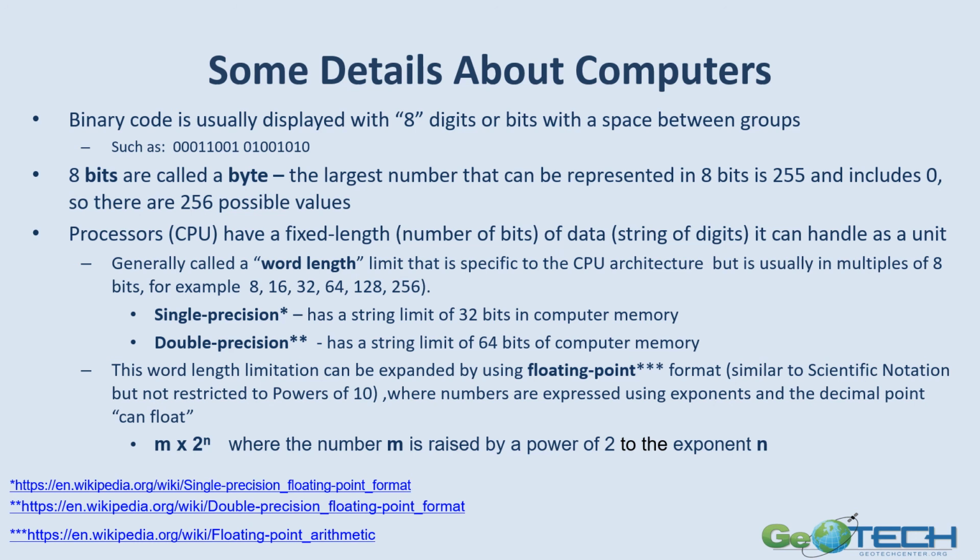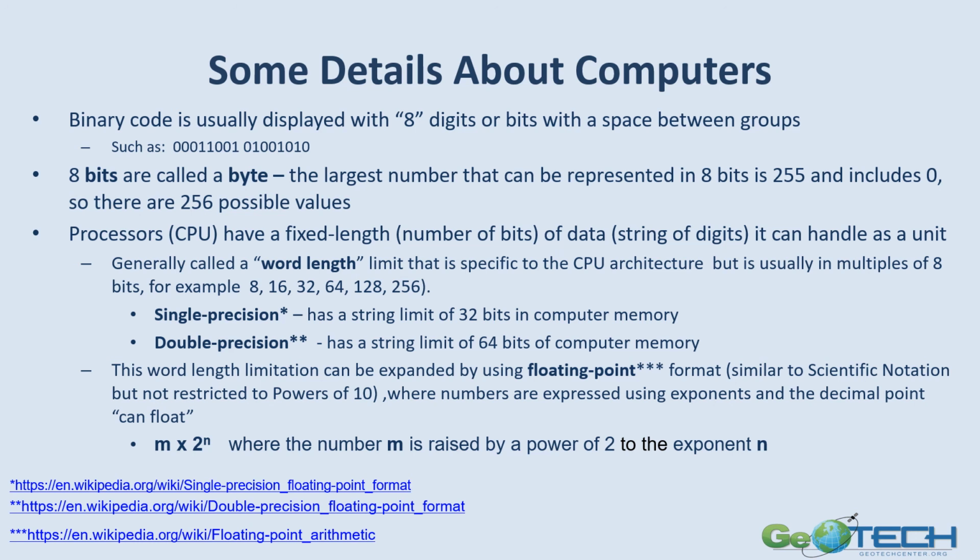Two of the terms that we often see are single precision and double precision. Single precision has a word length or bit length limit of 32 bits, while double precision has a string length of 64 bits. The word length limitation can be expanded, and we talked about it in part 1 with floating points, which is similar to scientific notation but not restricted to powers of 10.